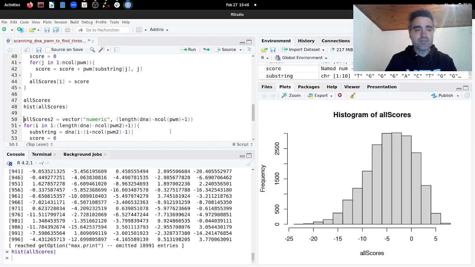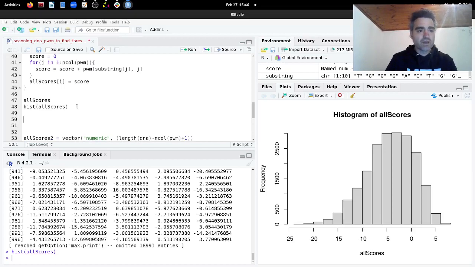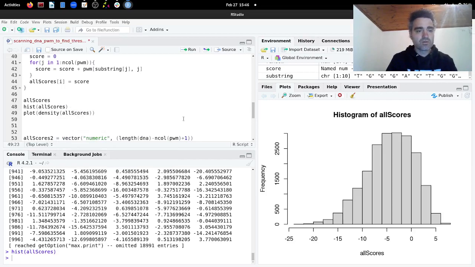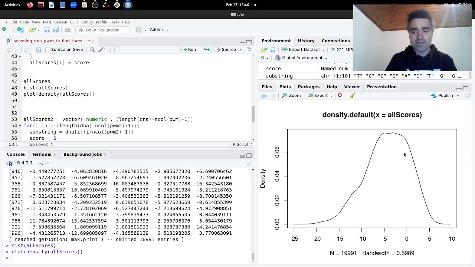Now, if we want also to illustrate it as a distribution, we can use the density function. So plot density of all scores will be something like that.